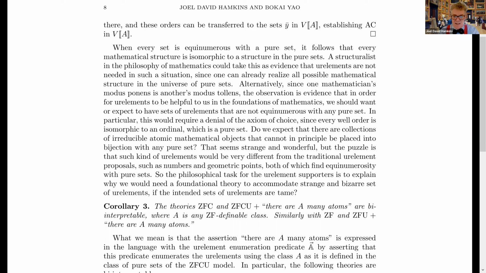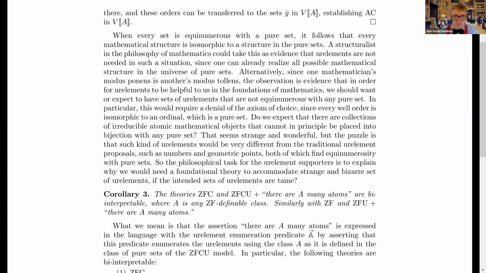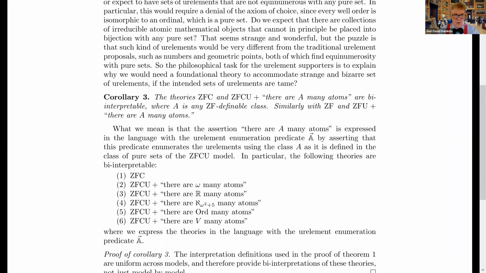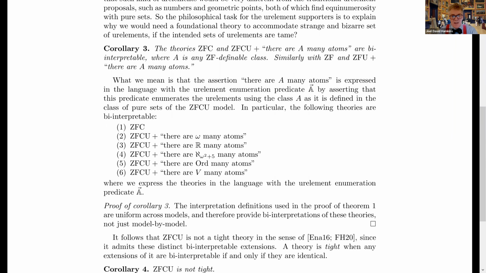I'm going to address that, because there's a theorem coming up here that is exactly about that point. Okay, so first of all, let me reiterate, all of these theories are bi-interpretable because of this construction. If you specify a specific number of atoms to have and a specific enumeration, then you're going to get bi-interpretability with ZFC.